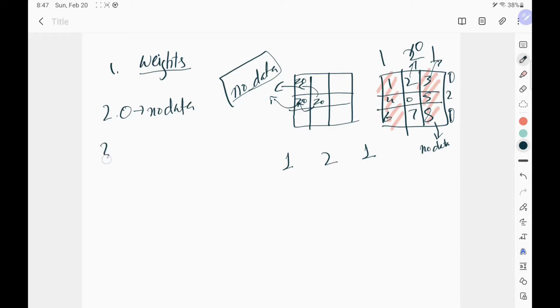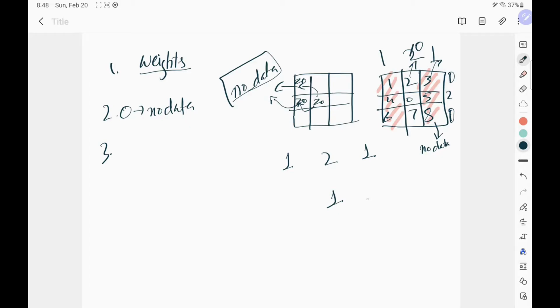And the third condition is that the maximum allowed no data in the neighboring cells is 1. Why?